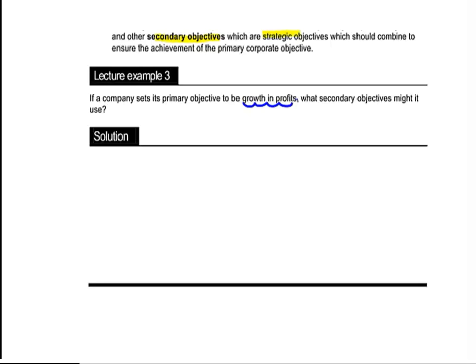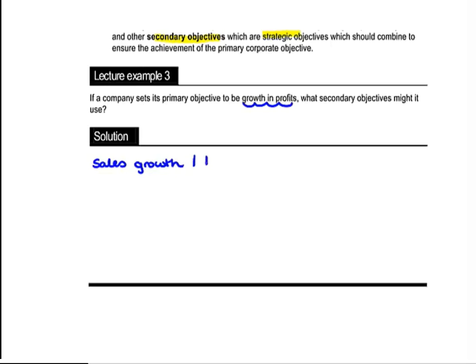And in lecture example 3, we're coming up with some ideas then of objectives which could be secondary to growth in profits, i.e. things that are going to help them to achieve growth in profits. So it could be that we're going to be looking at sales growth to try and increase the profits.